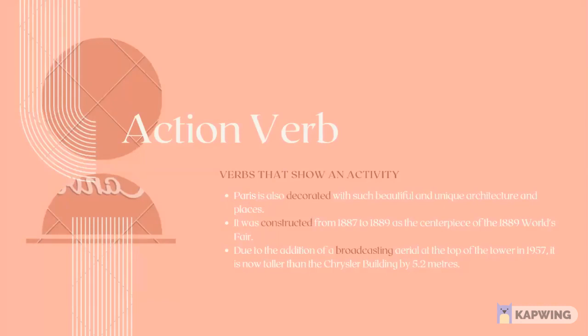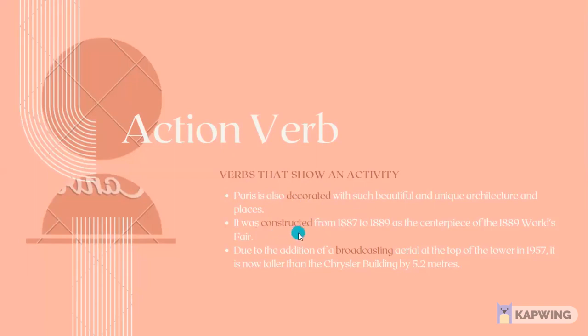Next one is action verb, which is the verb that shows an activity. Paris is also decorated with such beautiful and unique architecture and places. The decorated is the action verb.